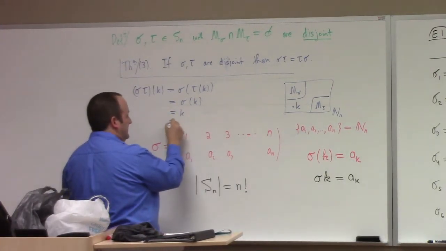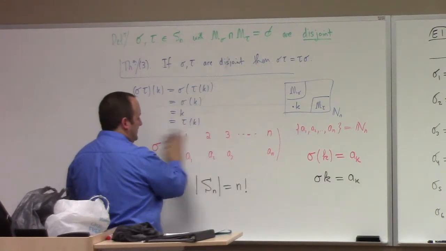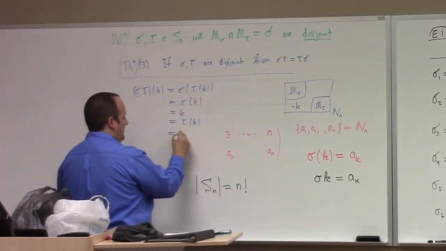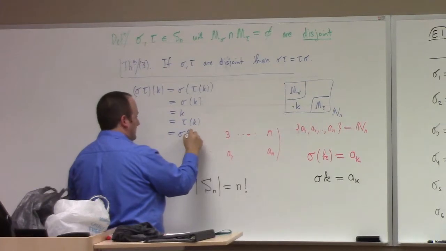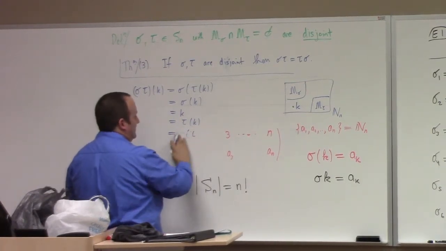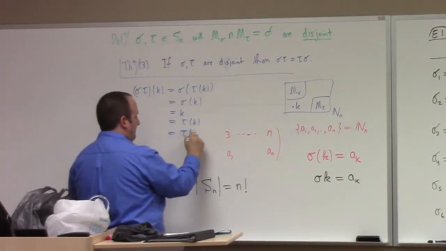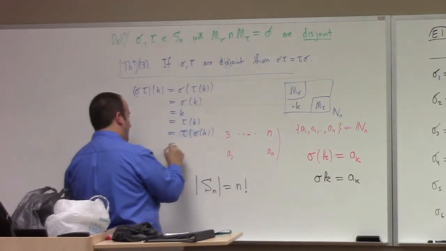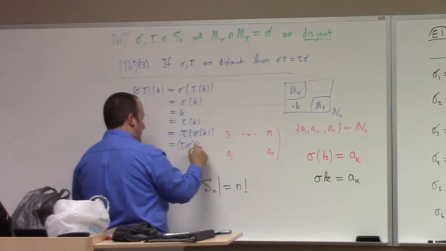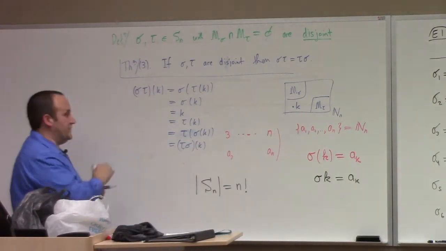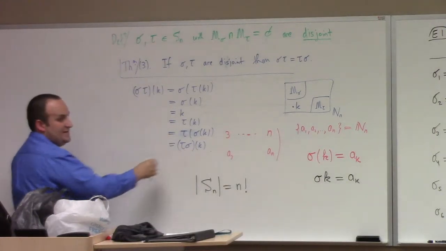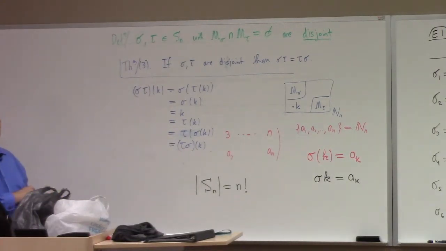But then you can just do the same steps in the opposite order. So that shows you that sigma tau is equal to tau sigma on all elements which are fixed by both.